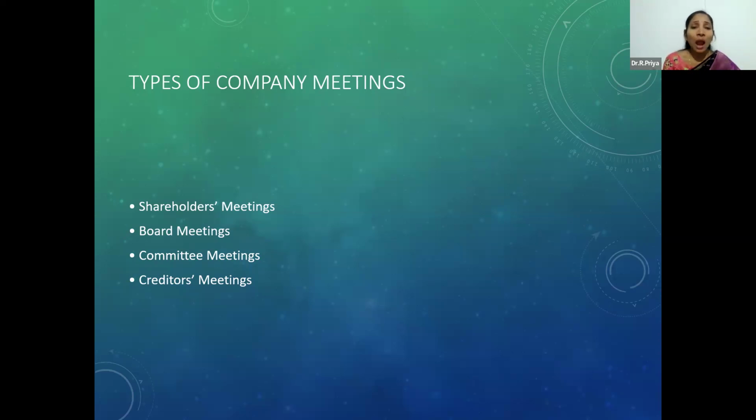It is used to approve the financial statements, the appointment or removal of directors and auditors, to declare dividends, and to approve major corporate actions. These meetings ensure shareholder democracy and accountability of the board to the owners of the company.